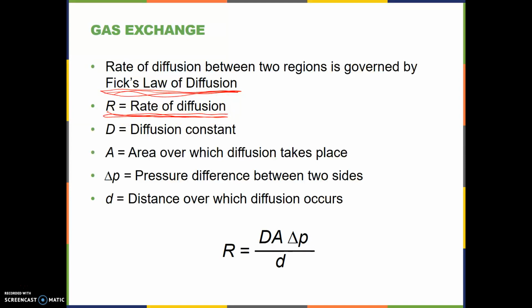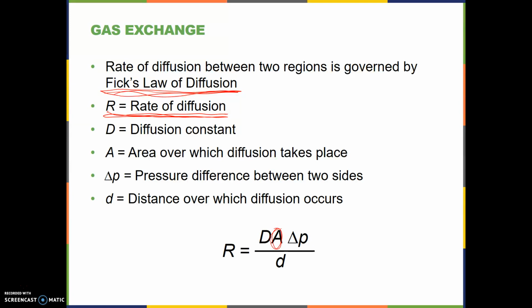It is controlled by a diffusion constant, D, which doesn't change, just a number. A is the area over which diffusion takes place, so the greater that area, the faster the rate of diffusion. Then the change in pressure, the pressure difference between the two sides.